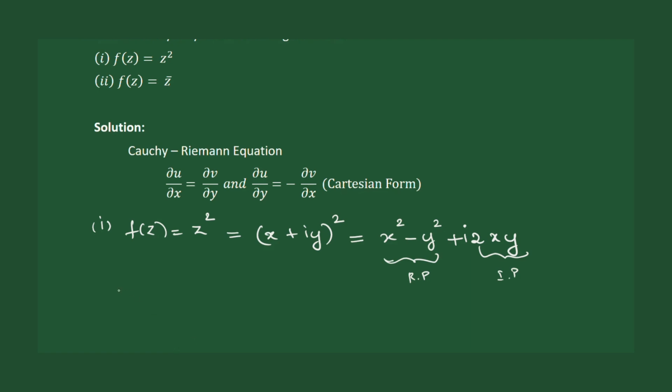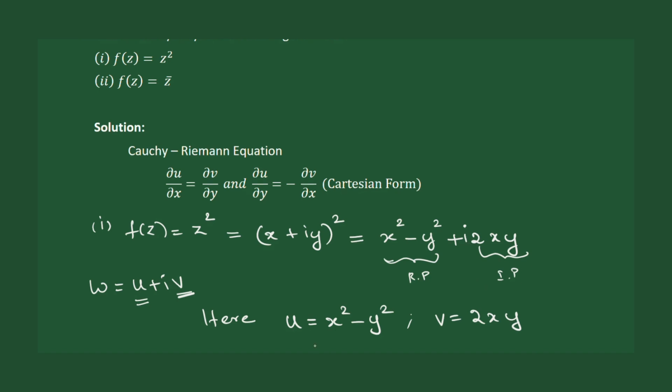We always said that w is expressed as u plus iv, where u is the real part and v is the imaginary part. So here we consider u as x square minus y square and v as 2 into xy. While writing this, we should not take i.